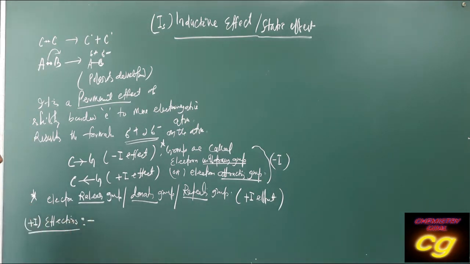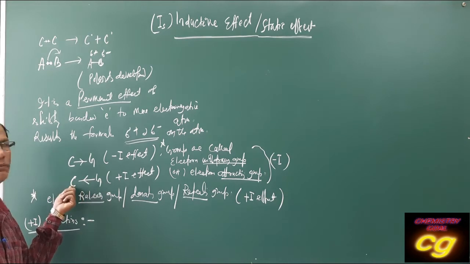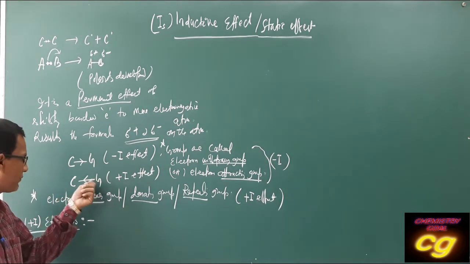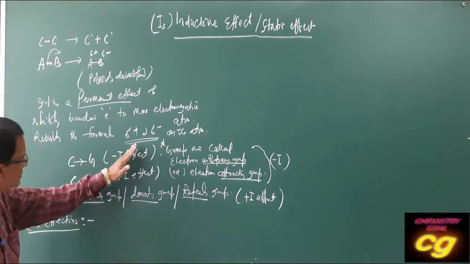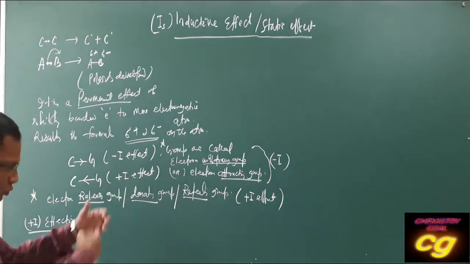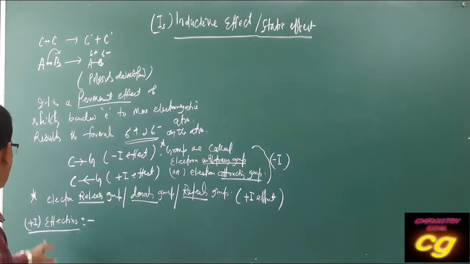Plus affecting group means the electron is shifting towards the carbon, away from the group; that is called plus effect. Shifting towards the group is called withdrawing power, attracting power.